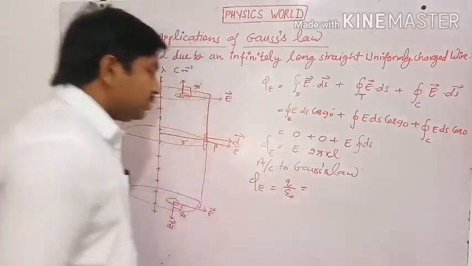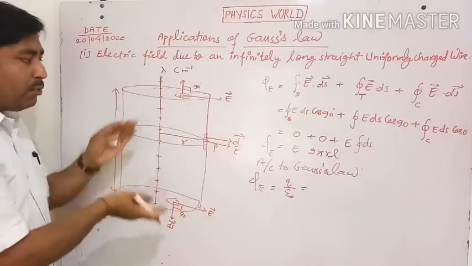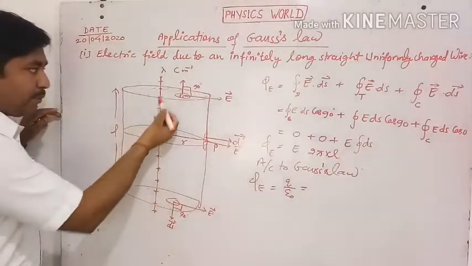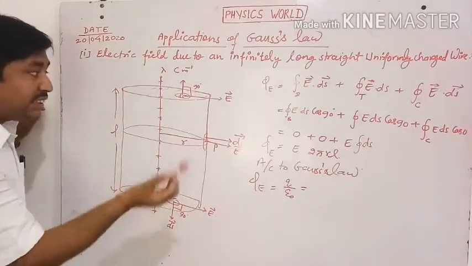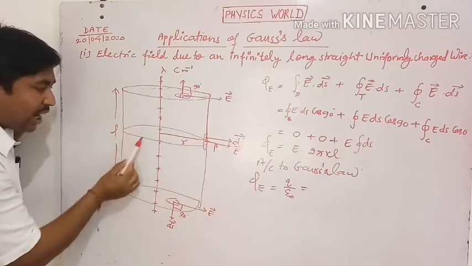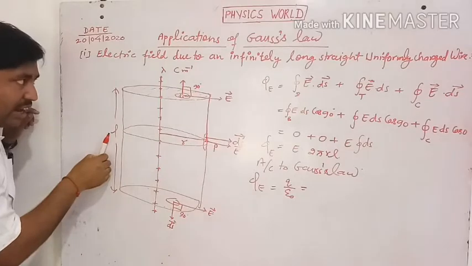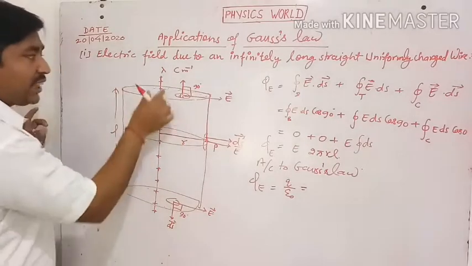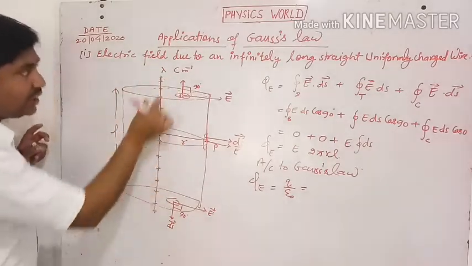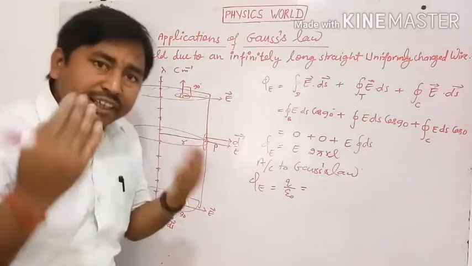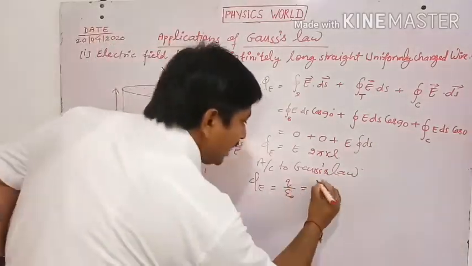Here the net charge bounded by this Gaussian surface is given by the formula: if the length of this wire enclosed by this Gaussian surface is L and the linear charge density of this line charge is lambda, then the total charge enclosed by the surface is lambda L.